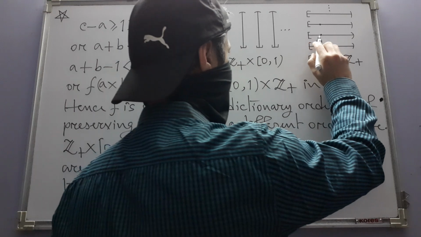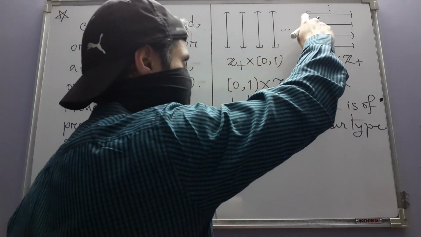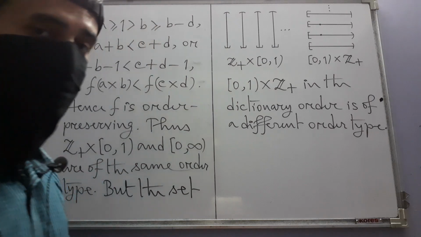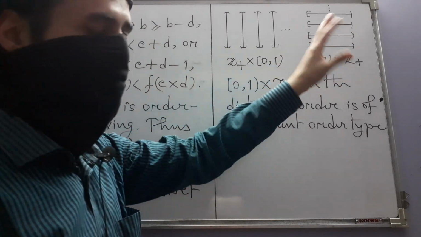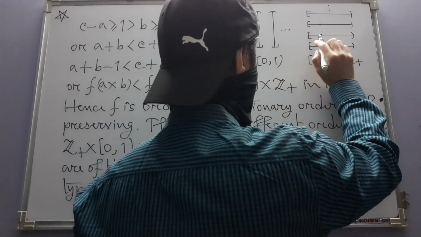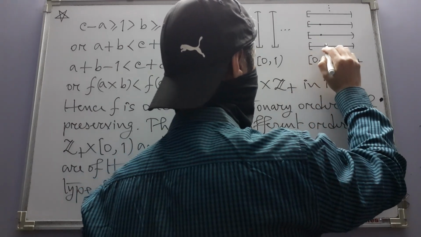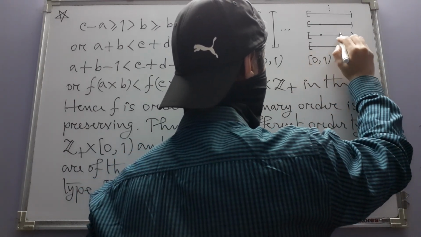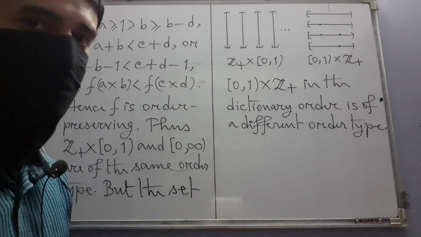But points that lie above this are also greater than this point, and points that lie below this are also less than this point. Luckily, because the situation is like this, the geometry is such that there is a next point. Every time you consider any point here, there is a next point that is greater than this. There is an immediate successor.